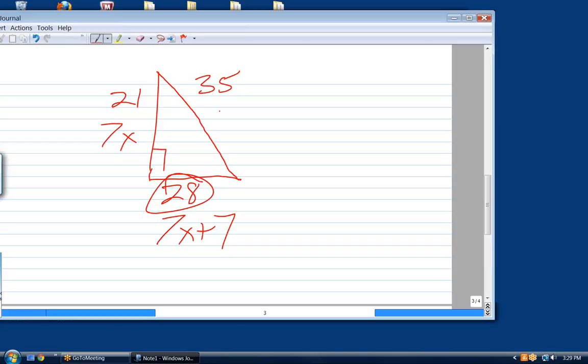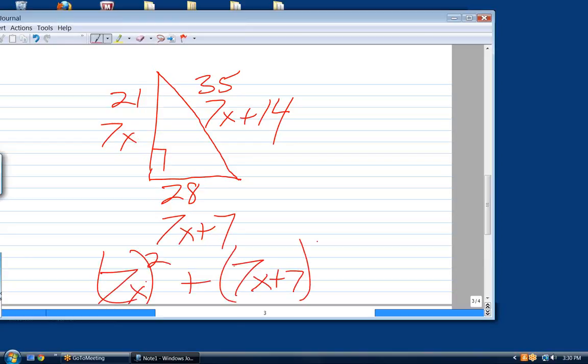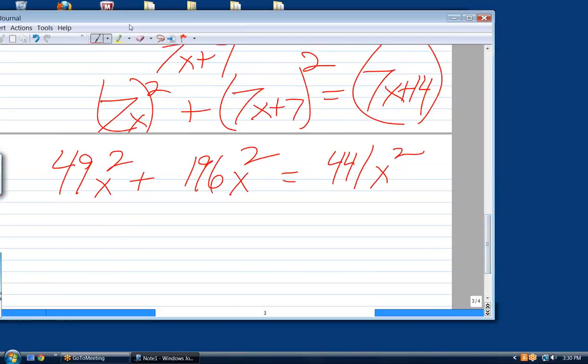And this one is what when x is 3? This one would be 7x plus 14. Ah, now we're getting somewhere. So this is 7x squared plus 7x plus 7 squared equals 7x plus 14 quantity squared. Yeah, this is going to have a solution.